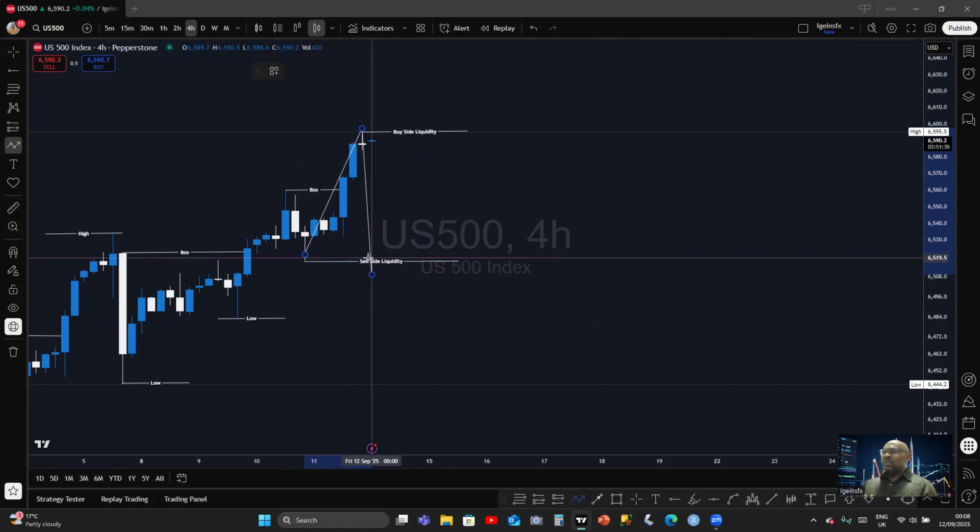Price will come down and push below it, but before the candle closes, it will go back and close above it. You just know that that is not a violation, that is a liquidity grab, before price will now start going to the upside.